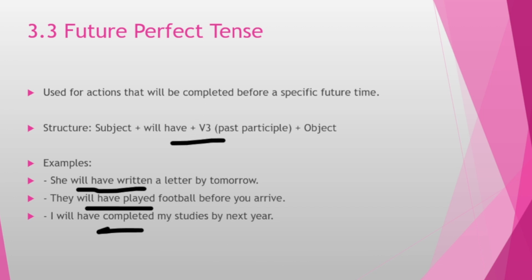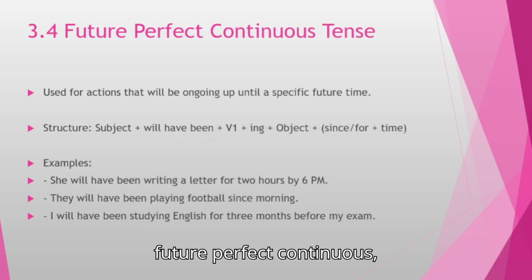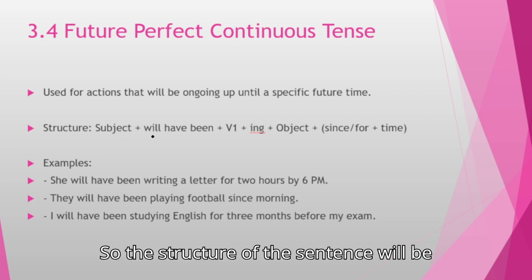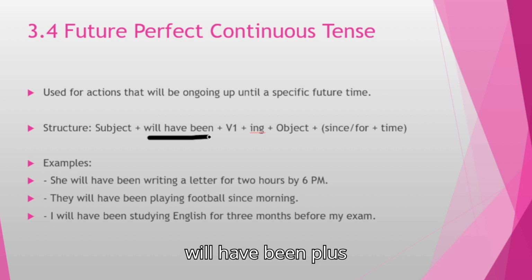Next is future perfect continuous. The actions that will be ongoing up to a specific future point. So the structure of the sentence will be will have been plus verb's first form plus ing plus object, since and for according to time.